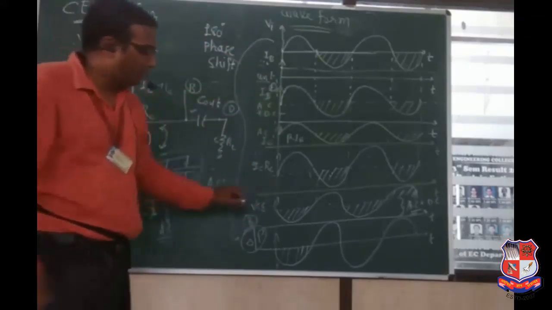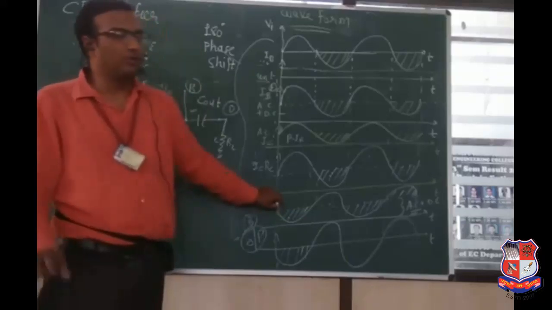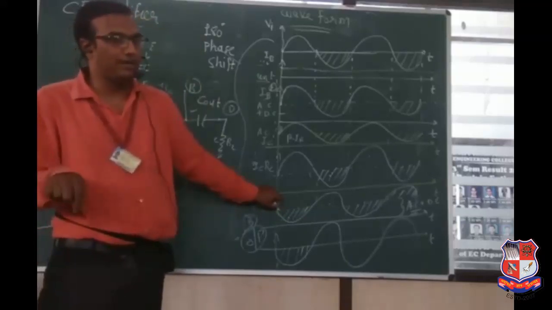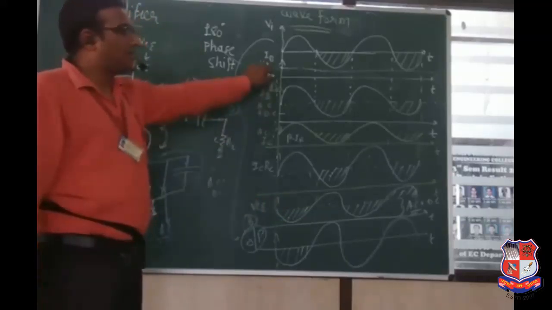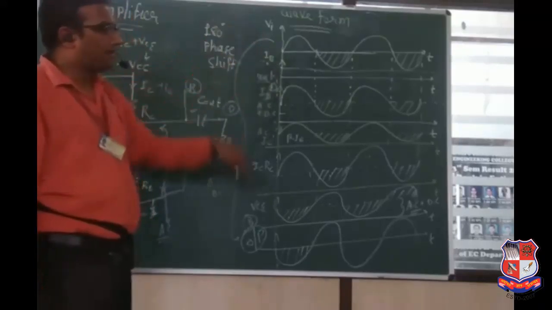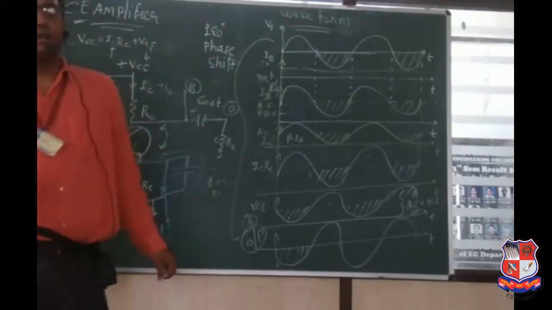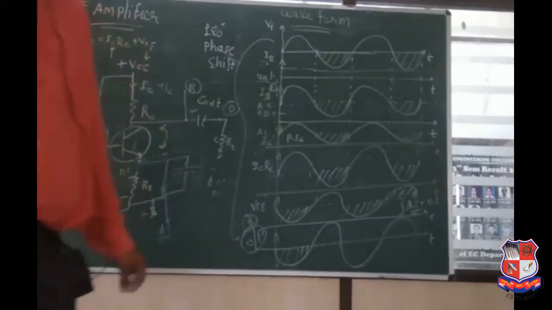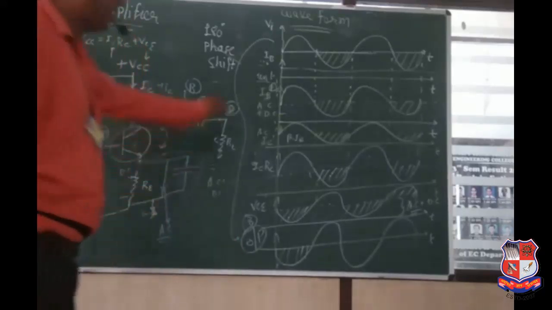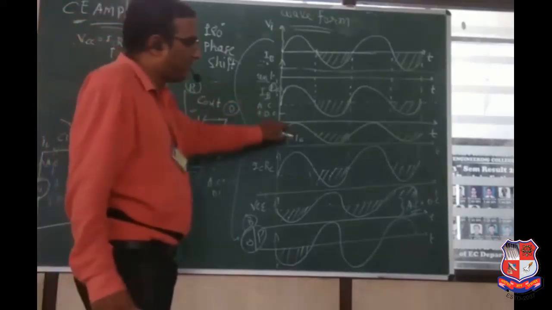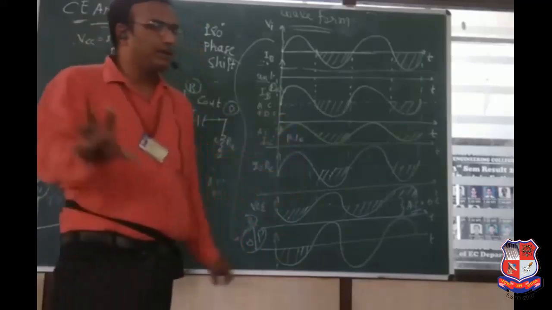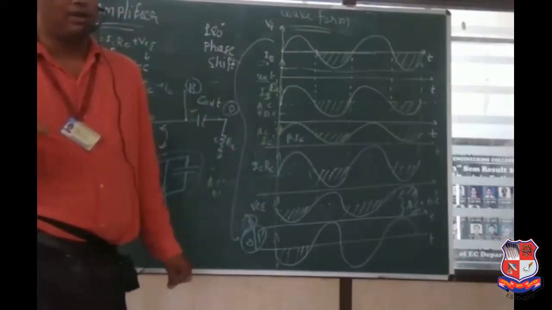Remember that point. Here again, both AC plus DC components are present. With respect to the time axis, if the signal is divided into upper part as well as lower part, it is known as AC signal.